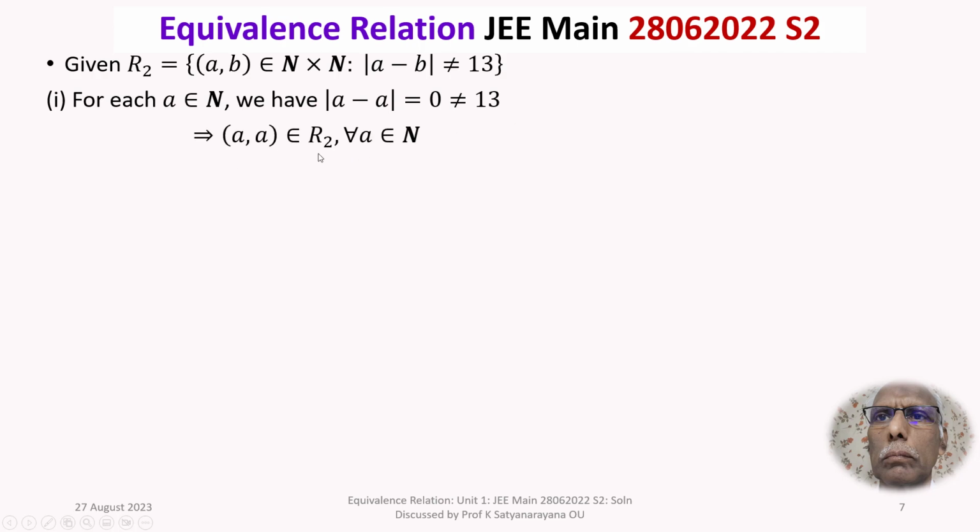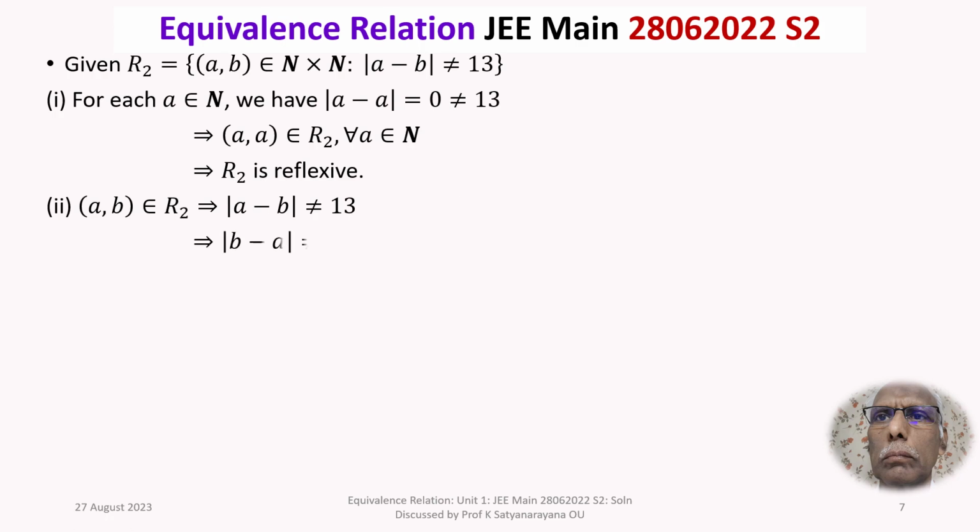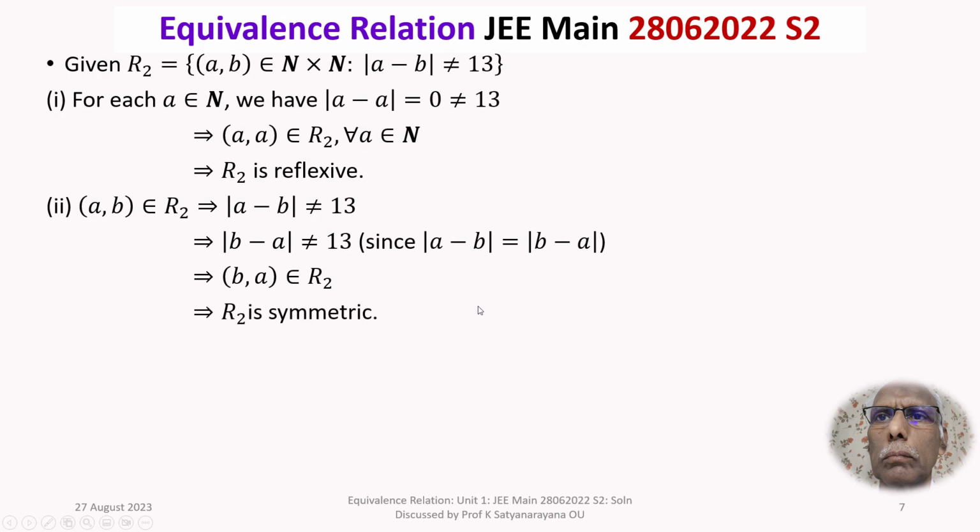Therefore, (a, a) belongs to R2 for all a belonging to N. Therefore, R2 is reflexive. Second, (a, b) belongs to R2 implies mod of a minus b is not equal to 13. And whenever a, b are natural numbers, mod of a minus b is equal to mod of b minus a. That implies mod of b minus a is not equal to 13. This implies (b, a) also belongs to R2. Therefore, R2 is symmetric.